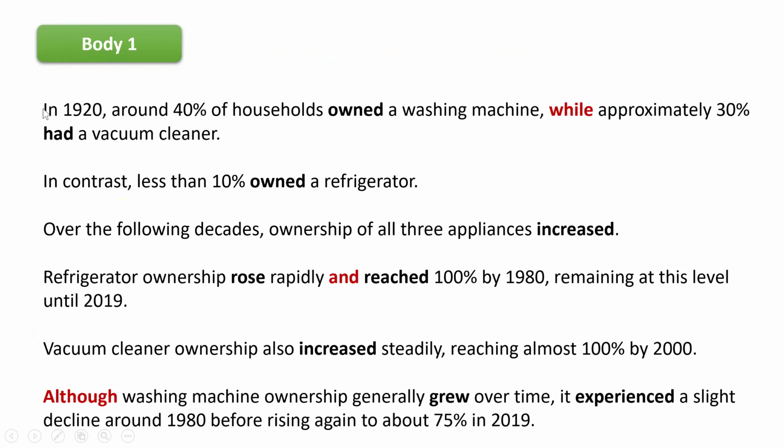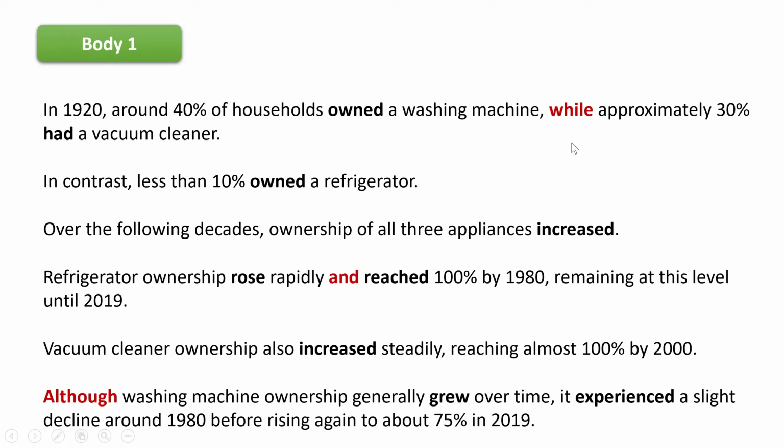Oke, jadi ini adalah body one yang saya sediakan. So here there are six sentences in body one talking about the ownership of three different electrical appliances. Nah, coba perhatikan. Setiap kalimat saya menebalkan kata kerjanya. In 1920, around 40% of households owned, punya atau memiliki a washing machine.